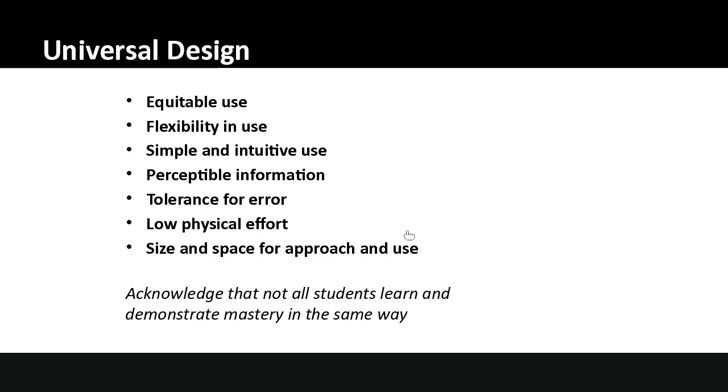So one thing is to provide any printed materials in an alternative format. So creating a Word document and making it into an accessible PDF, for instance, will be more likely that your printed materials will be screen readable.